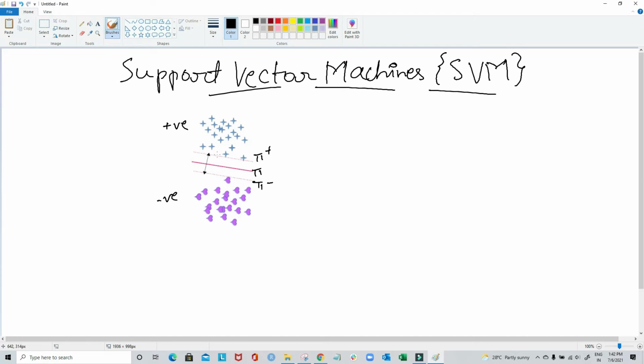And the plane parallel to the pi, that is pi plus, and pi minus, these are the planes which are close to the positive and the negative points.